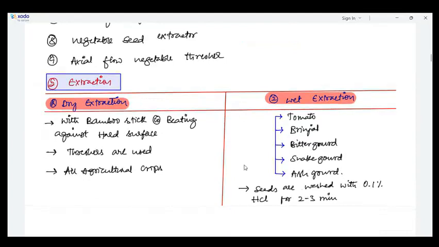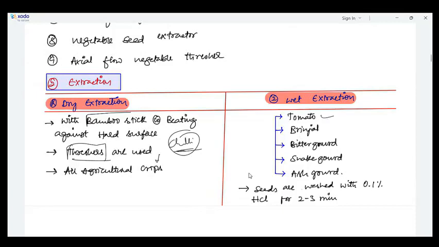Okay, so talking about extraction, it is of two types: dry extraction and wet extraction. For dry extraction, you might take the example of chili. Dry extraction can be done with the help of bamboo sticks or beating against a hard surface. Threshers are also usually used in the dry extraction procedure, and this is very common to all agricultural crops.